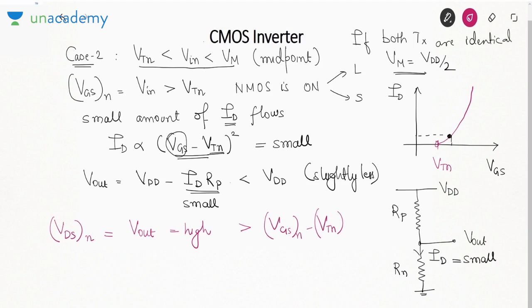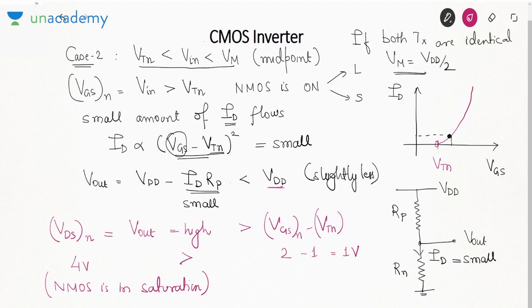Why am I saying this? See, I told we have just increased the VGS above VTN. Suppose VGS is 2 volt and VTN is 1 volt. So how much is the difference? 1 volt. And Vout is slightly less than VDD. Suppose it is 4 volt. So 4 volt is greater than 1 volt. That means NMOS is in saturation region.